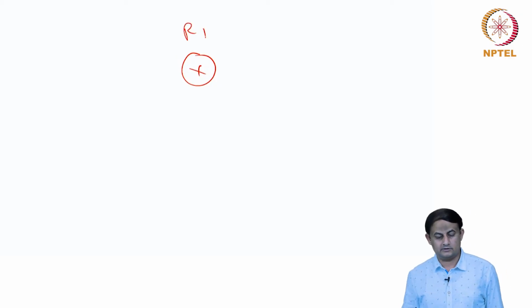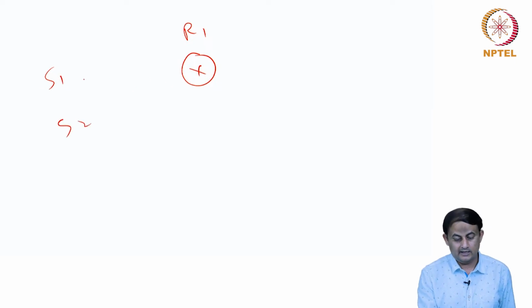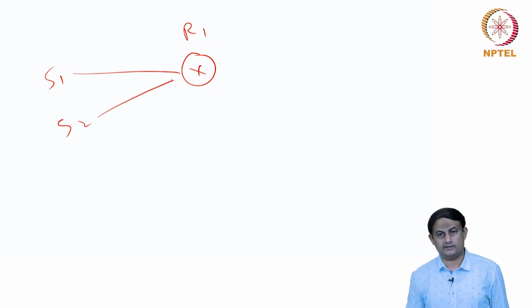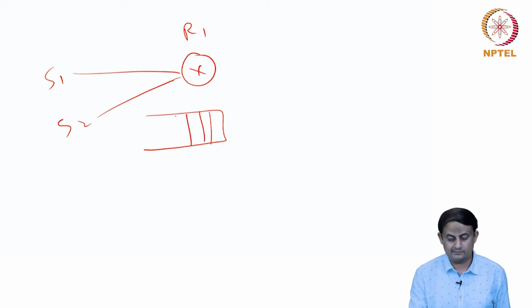So let's take the simple example again. Here is a router. Let me call that router R1. So here is a source which is transmitting, or maybe two sources S1 and S2, and the packets are coming to this router. Every router in the network has something called buffer space.